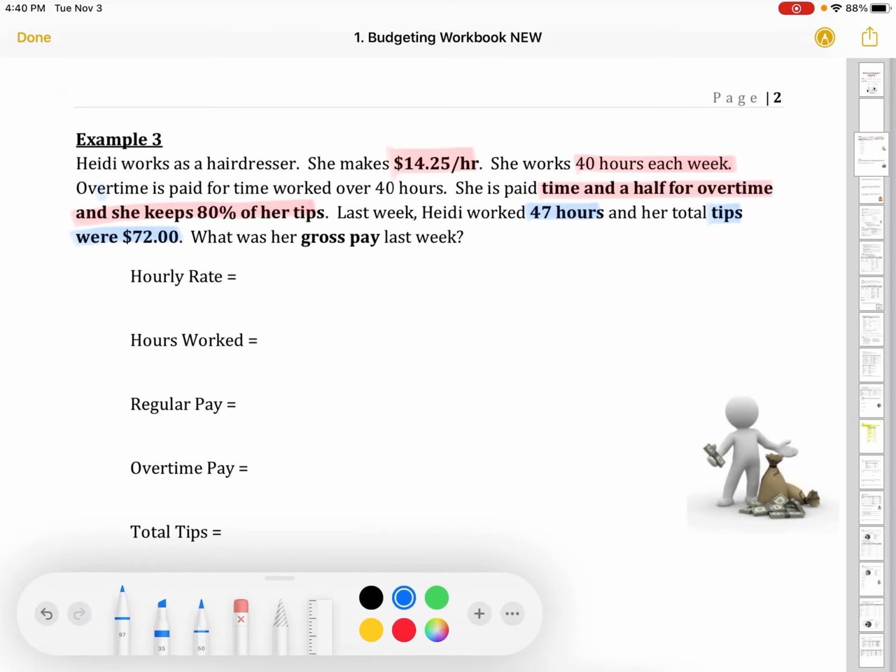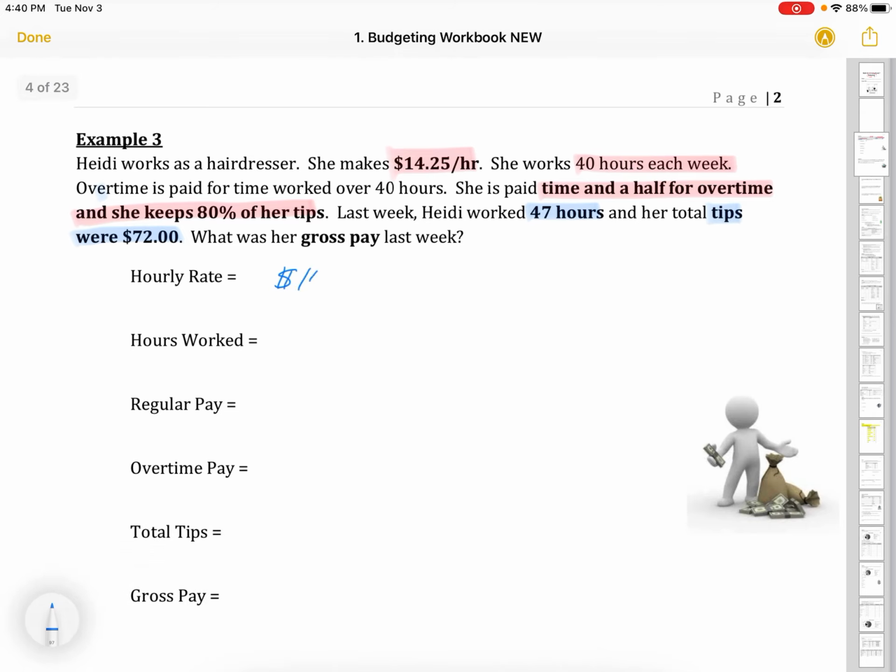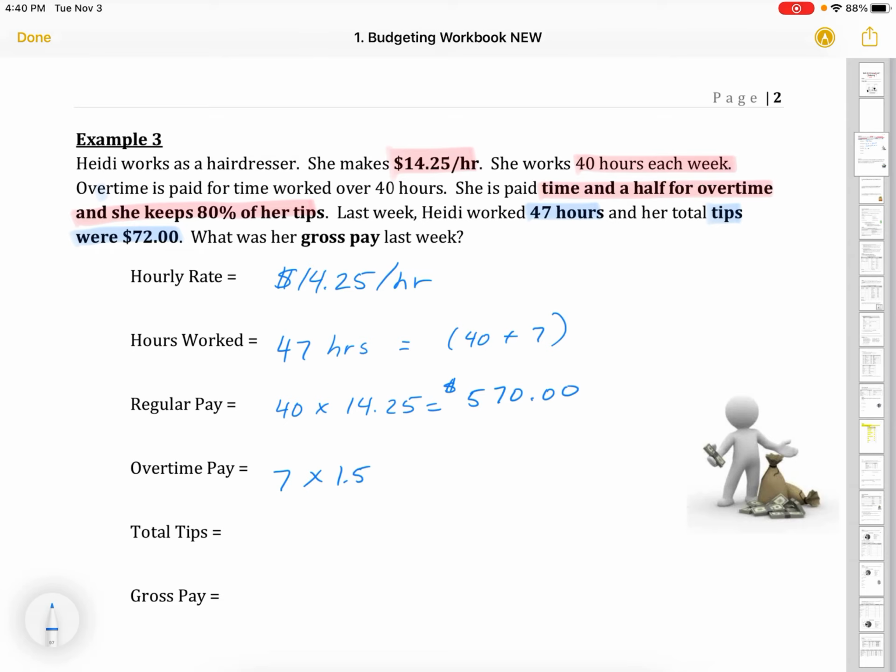So let's look. Her hourly rate is $14.25 per hour, and she worked 47 hours. That means she worked 40 plus the 7 overtime, right? For regular pay, she gets 40 times $14.25, which is equal to $570. Her overtime pay is those 7 times 1.5, because she gets time and a half, times $14.25. So she got $149.63 for those 7 hours.